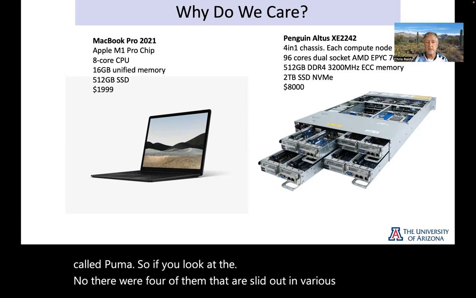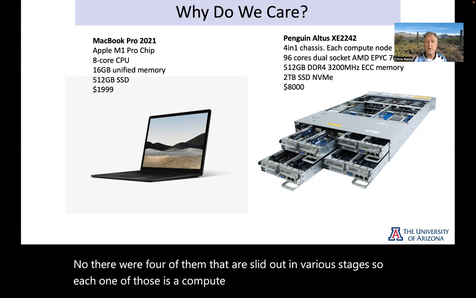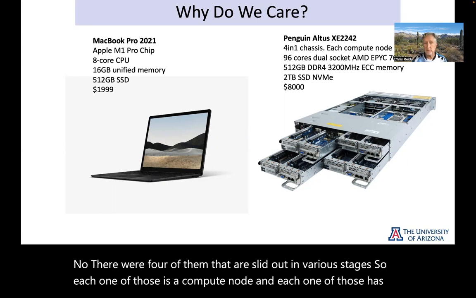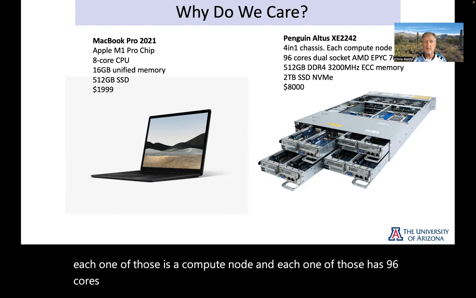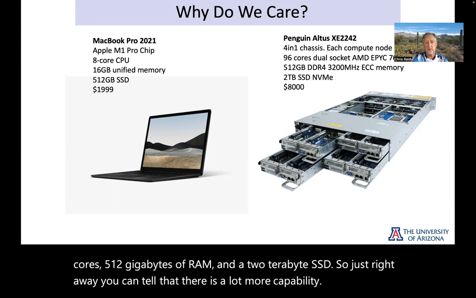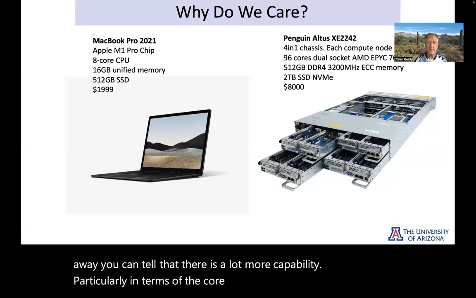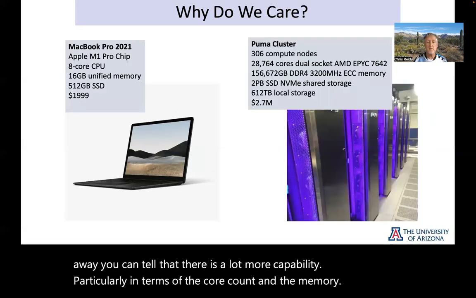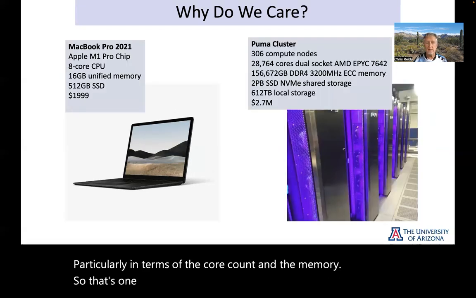Each one of those is a compute node, and each has 96 cores, 512 gigabytes of RAM, and a 2 terabyte SSD. Right away, you can tell there's a lot more capability, particularly in terms of the core count and the memory.